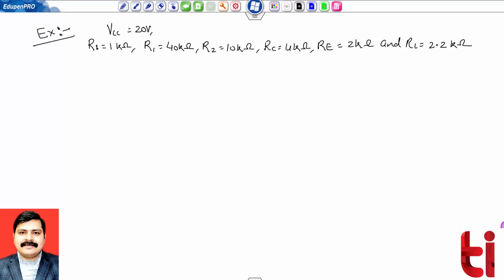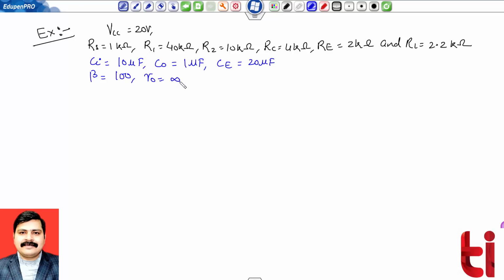Various capacitances have been given as the value of Ci is given as 10 microfarad, Cout is given as 1 microfarad, and emitter bypass capacitance Ce is given as 20 microfarad. Beta of the transistor is given as 100.